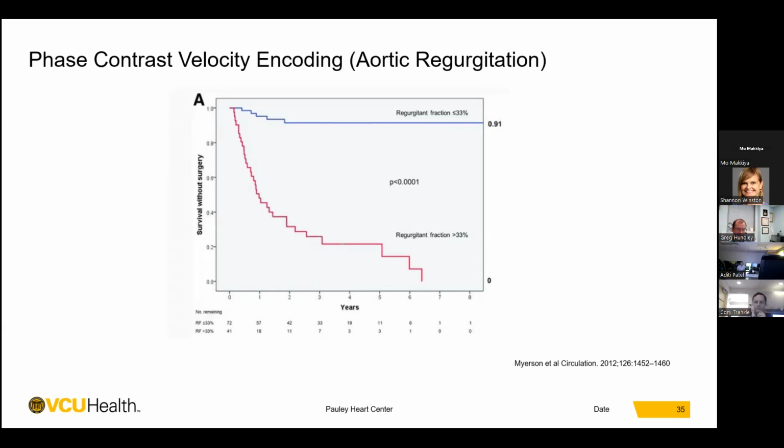And they found that patients who have a regurgitant fraction of more than 33% are associated with poorer outcome and worse symptoms without intervention. Of course, this won't tell you if surgical intervention before the symptoms will affect the overall outcome. We need to study this more in the future.